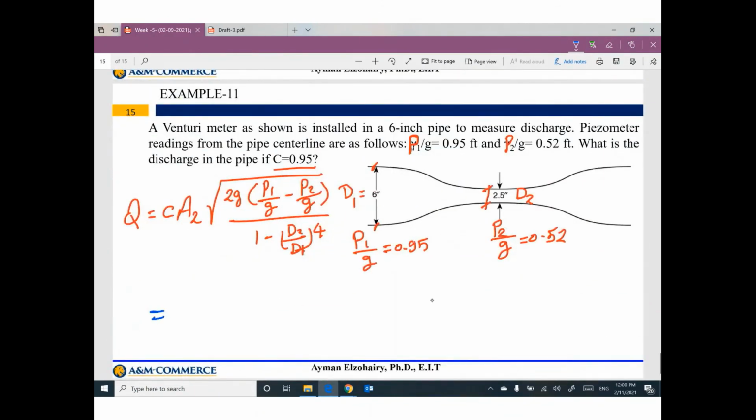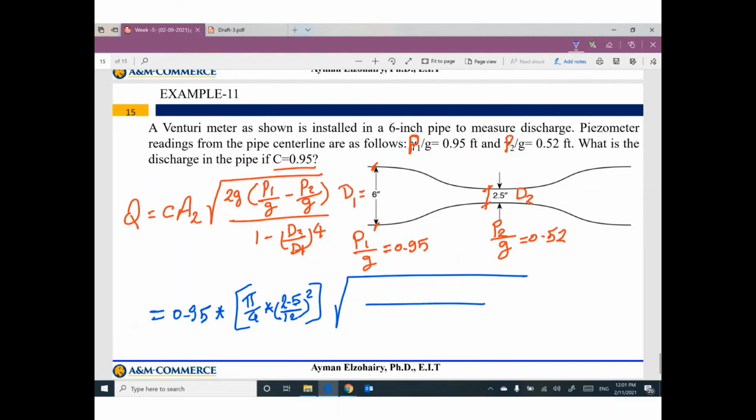C is given, 0.95. Area at section number 2 is pi divided by 4 times 2.5 inch, I will divide it by 12 to be in feet squared. Here is the area. Square root of 2g, g is 32.2. P1 divided by gamma is given, 0.95, minus P2 divided by gamma is given, 0.52.